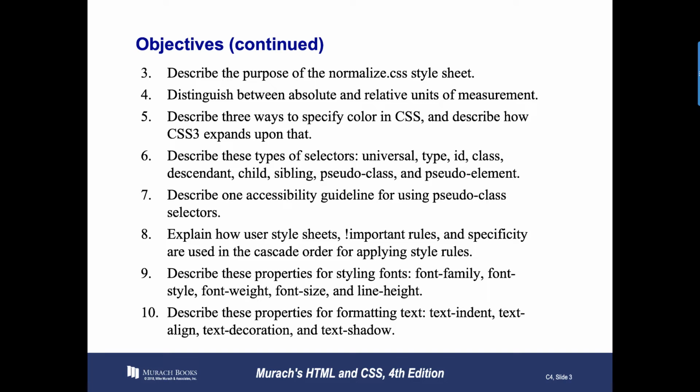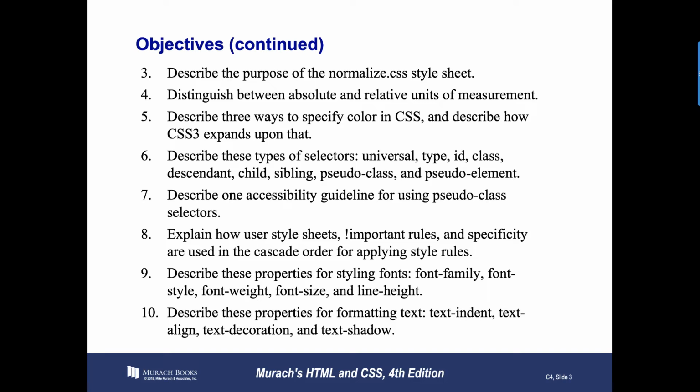Number 8, explain how user style sheets, important rules, and specificity are used in the cascade order for applying style rules. Number 9, describe these properties for styling fonts: font family, font style, font weight, font size, and line height.